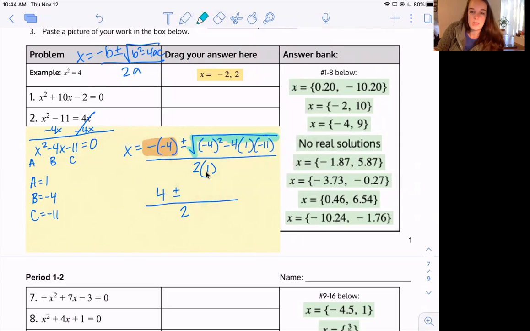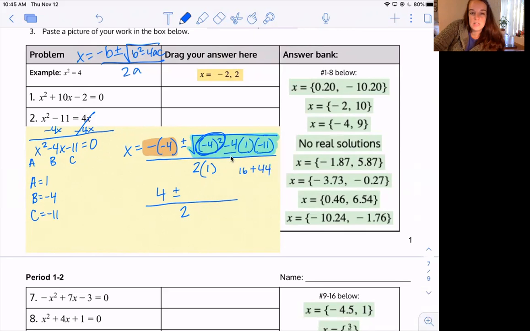So that's probably the part that's the most complicated. I have negative 4 squared, which is 16. And then I have negative 4 times 1 times negative 11. So negative 4 times negative 11 is negative and negative makes a positive. And then 4 times 11 would be 44.